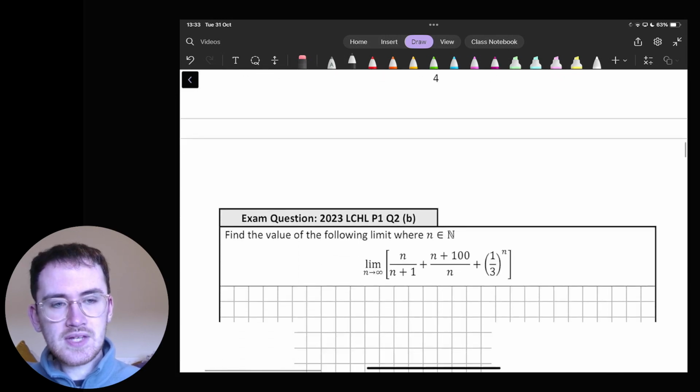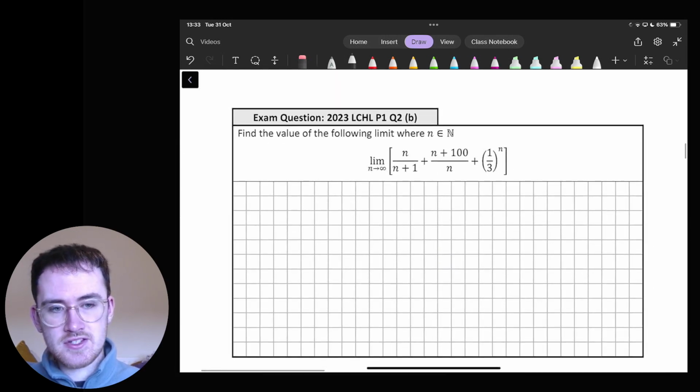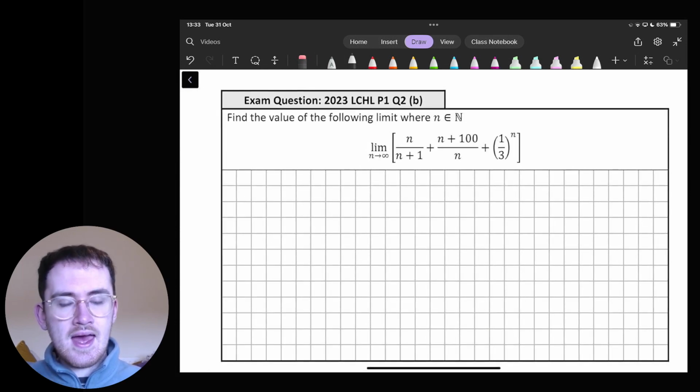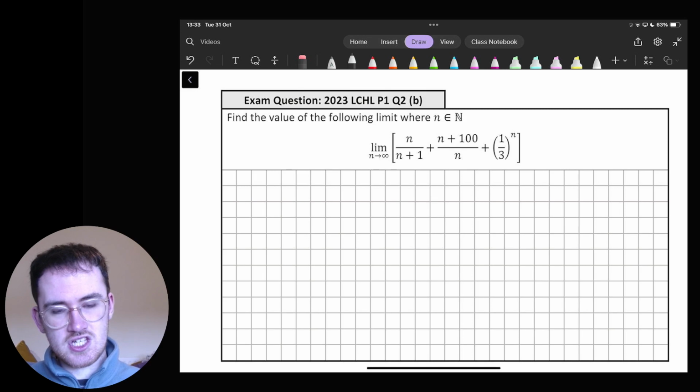Okay, let's just look. I think we have two exam questions here. So one from the most recent year, 2023. This exam question makes use of a particular rule with our limits that we haven't touched on yet. So it's a good chance to show it.